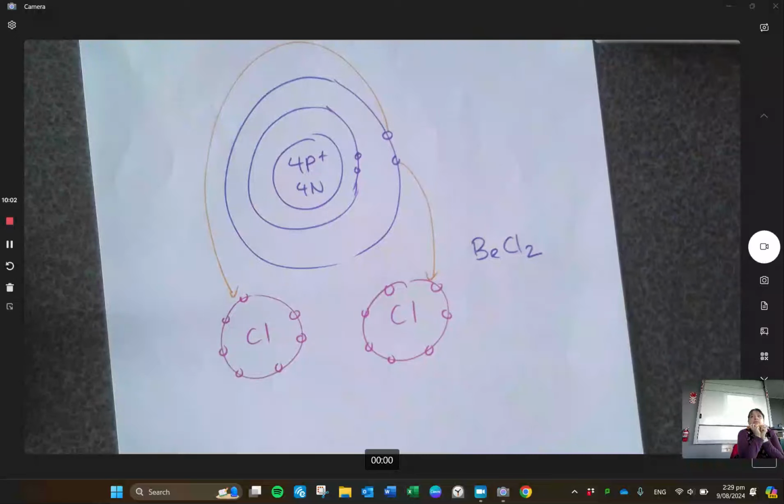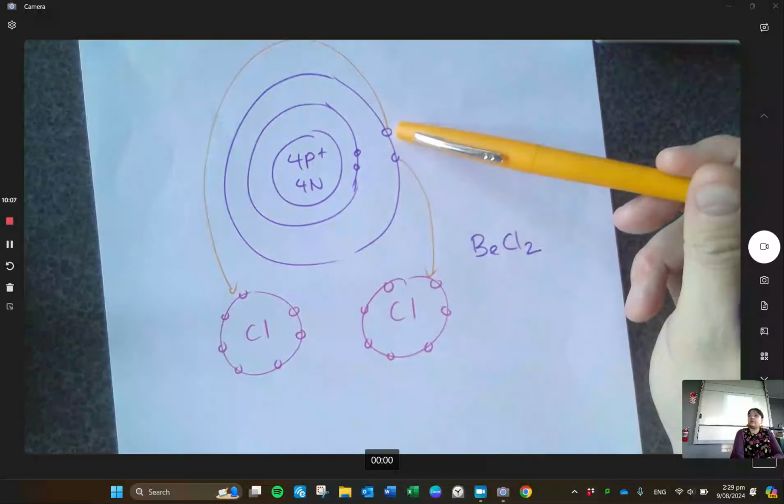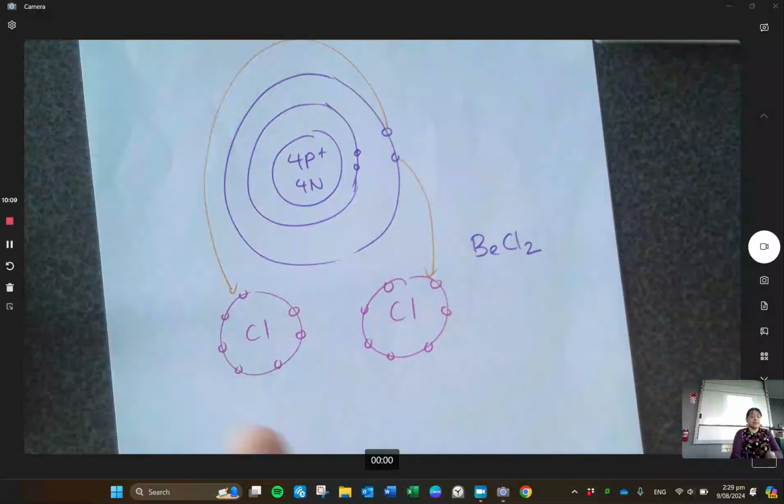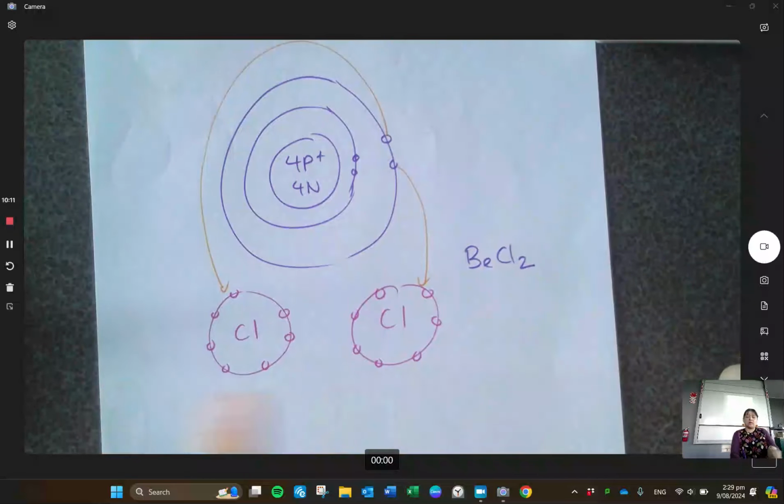Does that make more sense now? So beryllium has 2 electrons to get rid of, but chlorine can only take 1. So we need 2 chlorines, so each chlorine takes 1.